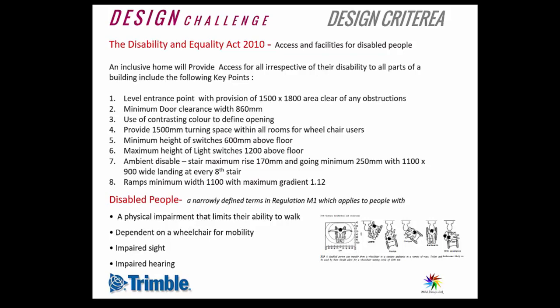If we're going to have steps within the house itself, which would be suitable for what we classify as ambulant disabled people, we're confined to a maximum stair rise of 170mm and a minimum going of 250, with a landing of 1100 by 900mm on every 8th stair. And finally, if we're going to have ramps within the building, they again need to have a minimum width of 1100 and a maximum gradient of 1 in 12.